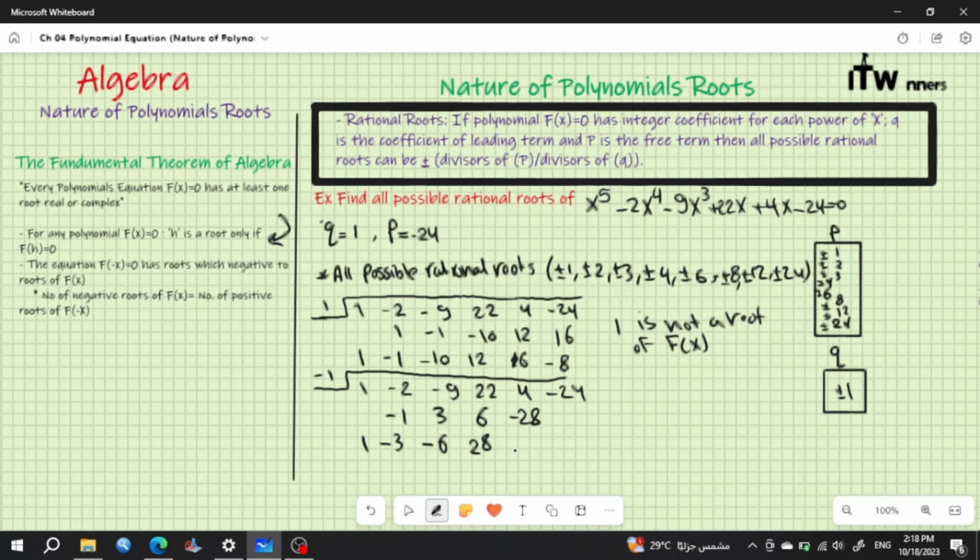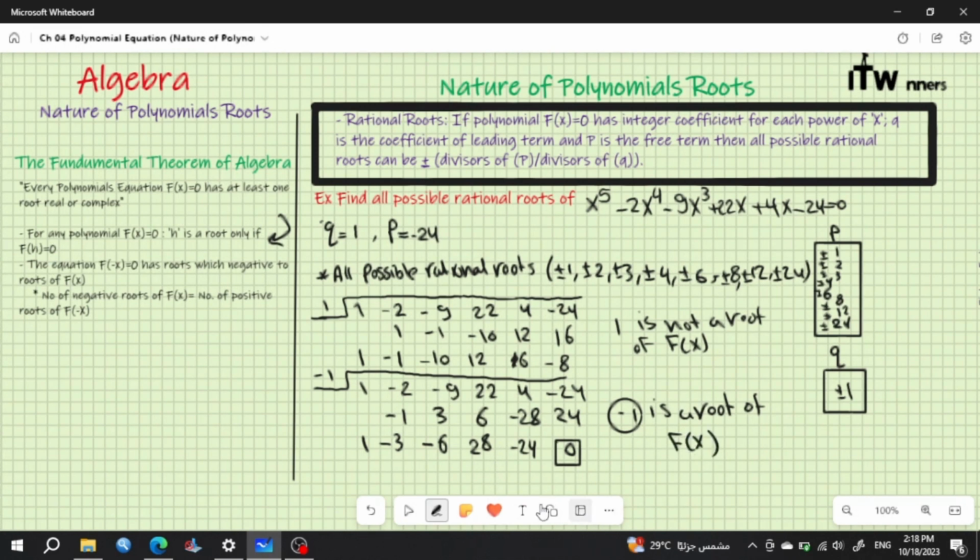Here we have negative 24, 24 and 2, negative 1 equal to 24. So we obtain the remainder equal to 0. So negative 1 is a root of f of x.